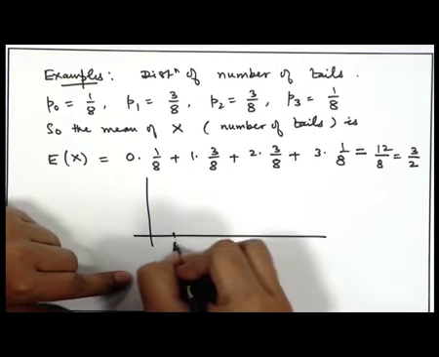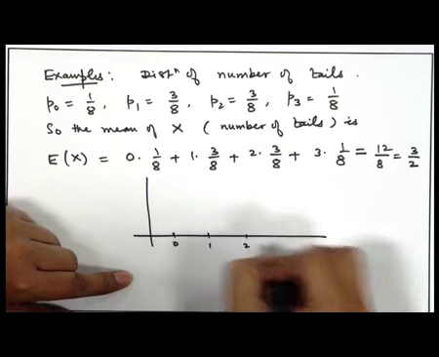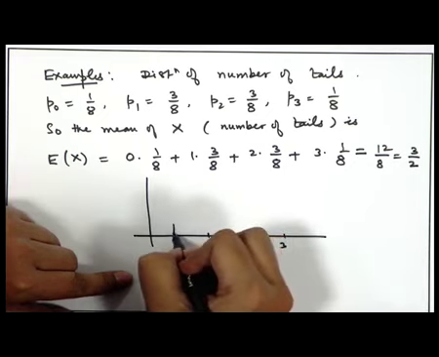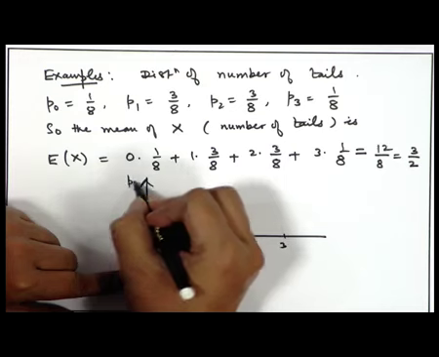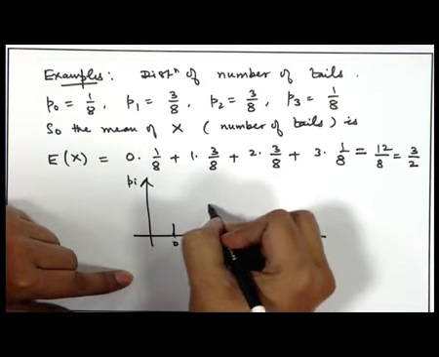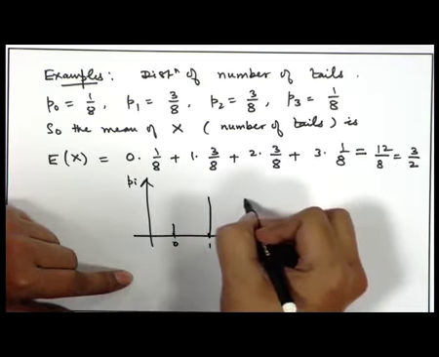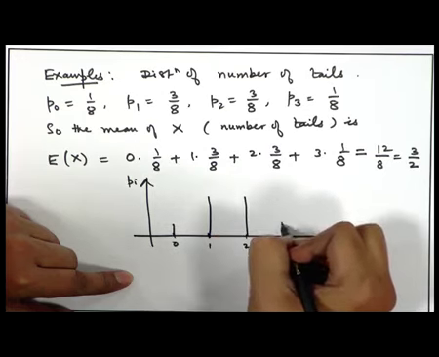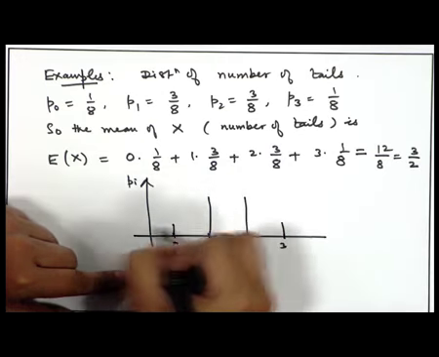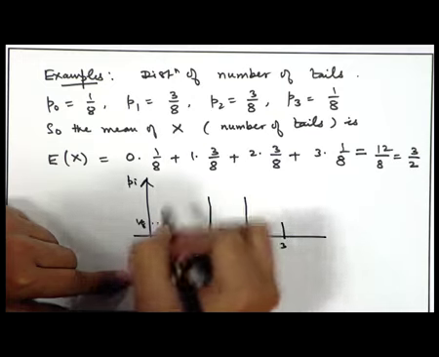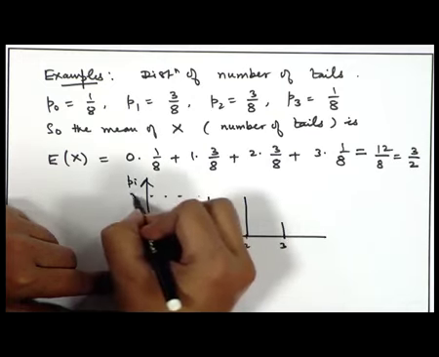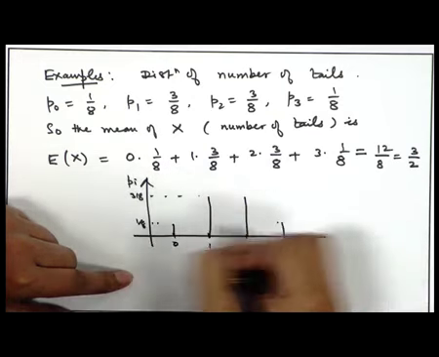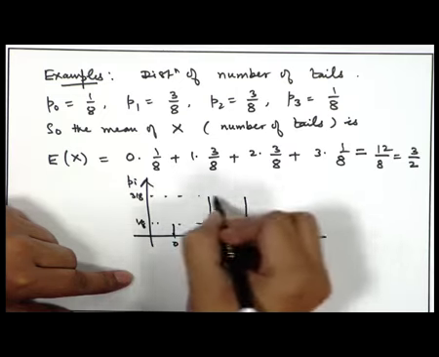So, suppose I put a 0 here, 1 here, 2 here and 3 here, then on this side we are putting pi. So, this is 1 by 8, this is 3 by 8, this is 3 by 8 and this is again 1 by 8.